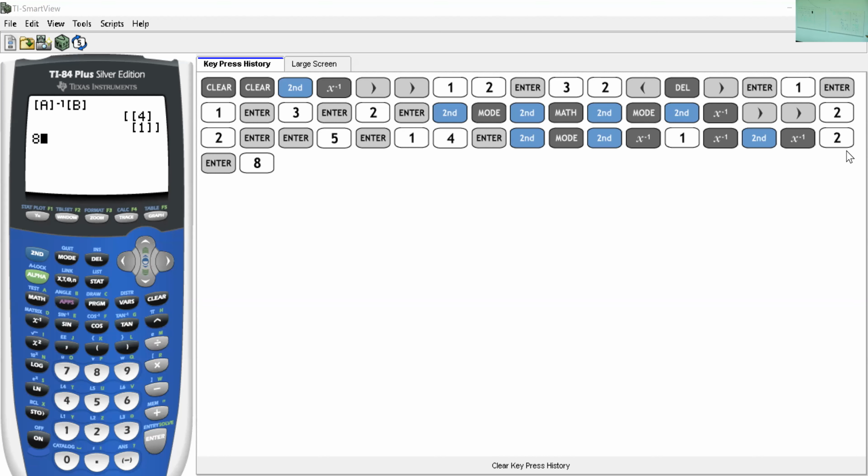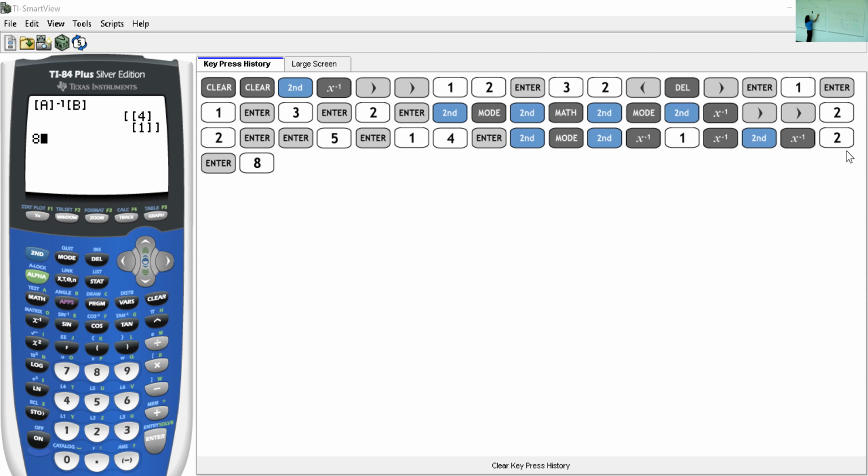So let's see if we have the correct solution. As I said, that is the correct answer. We're going to take x, y, which is 4, 1, and put it in the first equation, x plus y: 4 plus 1 equals 5.